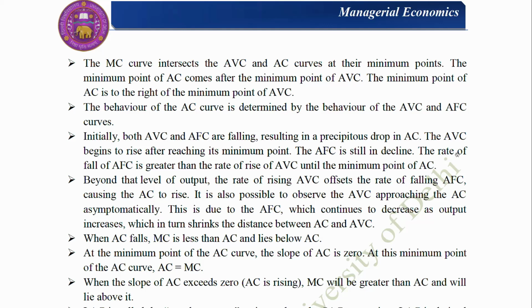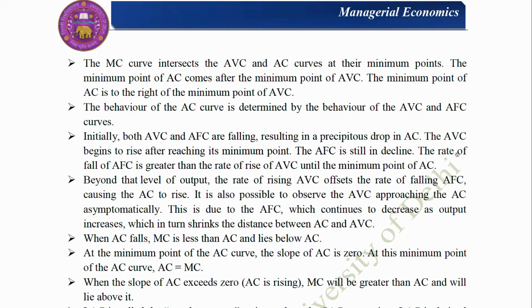Initially, both average variable cost and average fixed cost are falling, resulting in a precipitous drop in average cost. The average variable cost begins to rise after reaching its minimum point. The average fixed cost is still in decline. The rate of fall of average fixed cost is greater than the rate of rise of average variable cost until the minimum point of average cost.